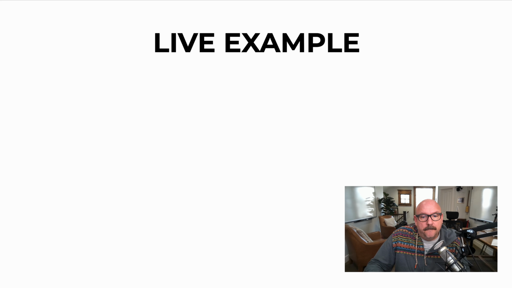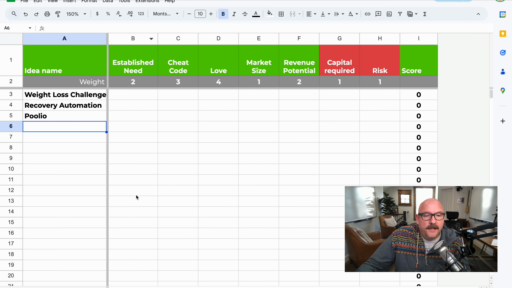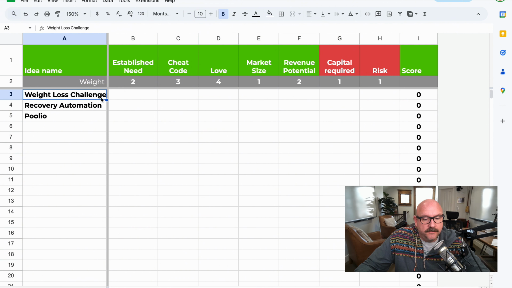So let's do a live example here. Let's actually build a rubric together, and we'll use a spreadsheet, and we'll use the 3 ideas I had in part 3, where we talked about different examples of problems to solve. So the 3 ideas are an app that would help people run weight loss challenges, where they could invite other people to do a challenge.